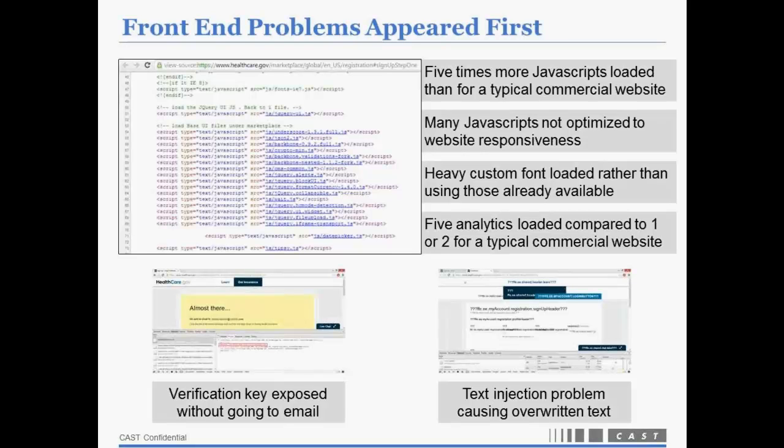And so, as we remember, these are the types of issues that were causing a lot of performance issues up front. Many of these have now been fixed, and the team has moved on to some of the deeper problems in the interconnections. If you can move to the next slide, please, Lee.